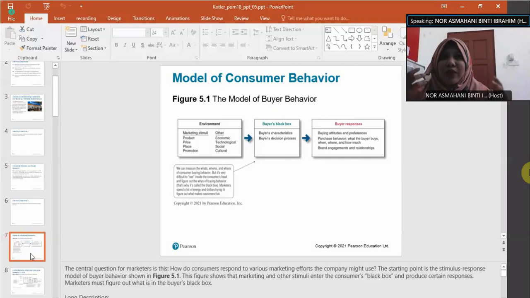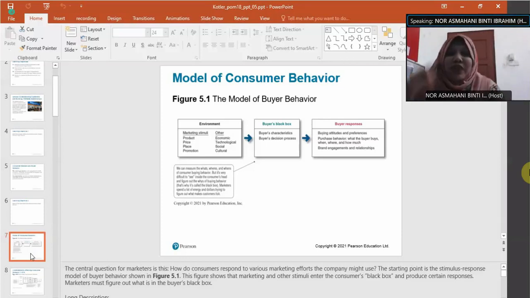When you want to buy a laptop, a gadget, for example a phone, makeup, anything, what is the brand that comes into your mind first? Ini dia panggil brand engagement and relationships because of your past experience or any exposure that you saw in advertisements or other mediums that a marketer exposed to you. Okay?